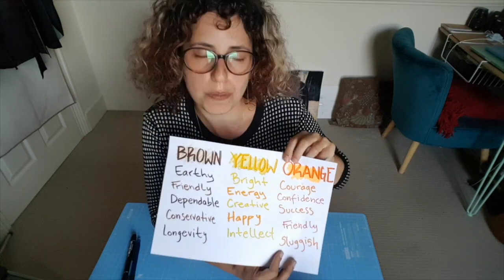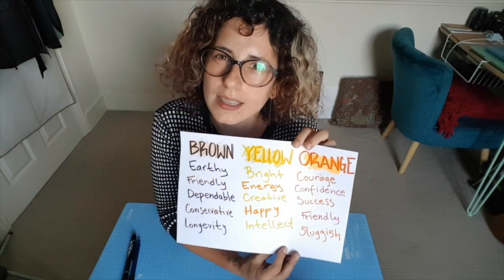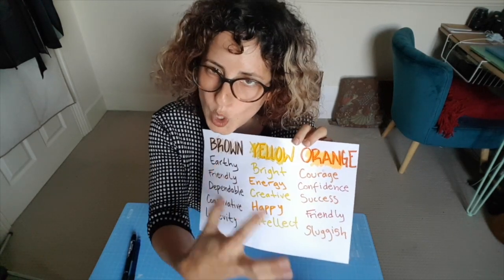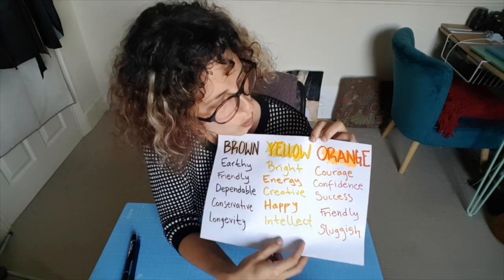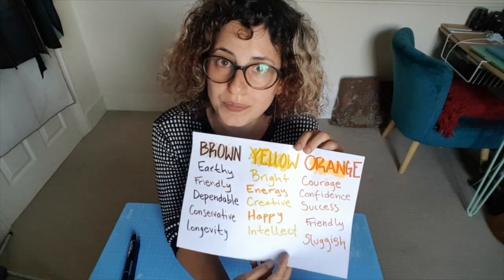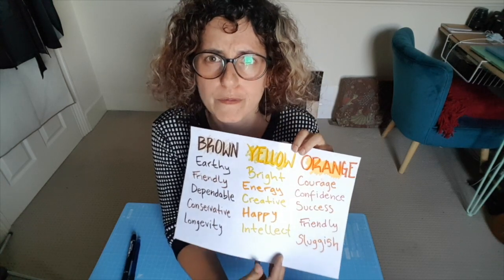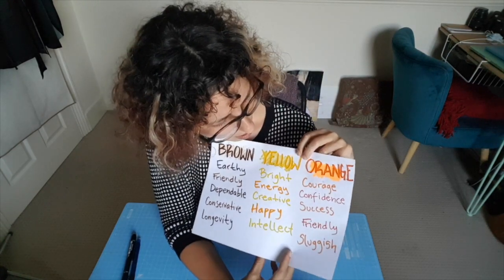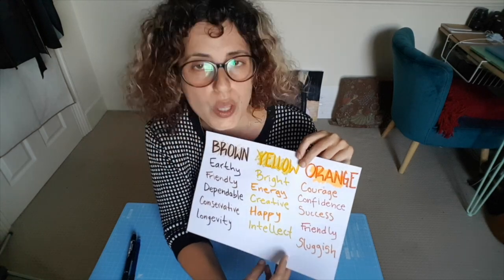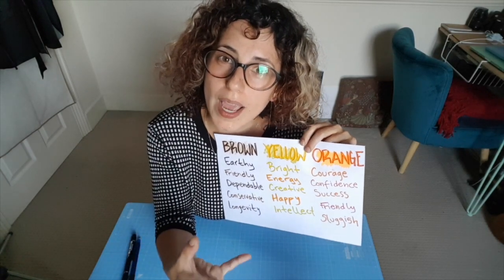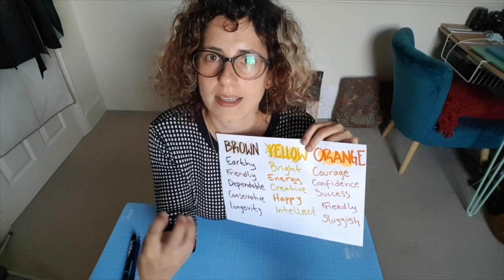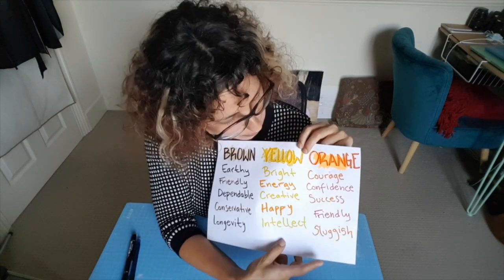And orange might borrow a little bit from red and a little bit from yellow, but makes up its own thing. So it means courage. Orange is a very brave color, and if we think of the mixture of yellow and red, it might be that passion and intelligence together to form courage.